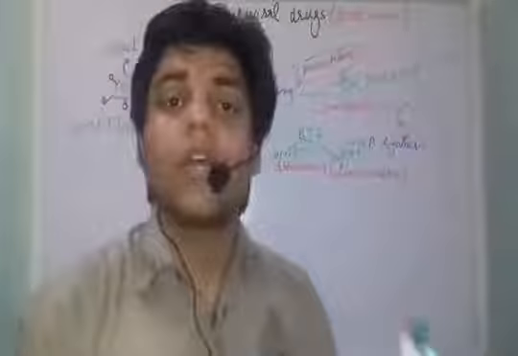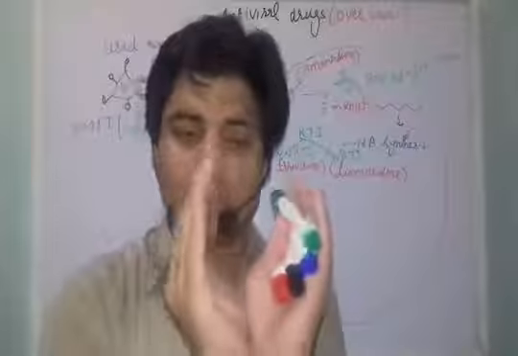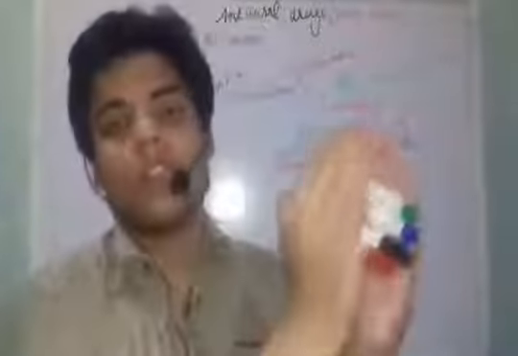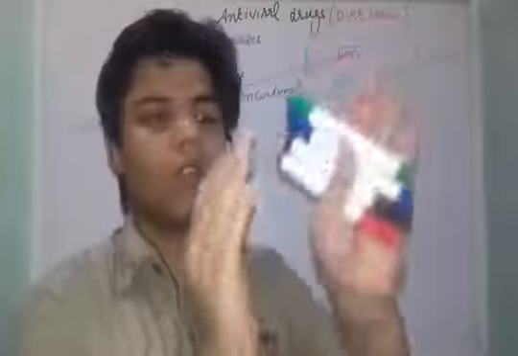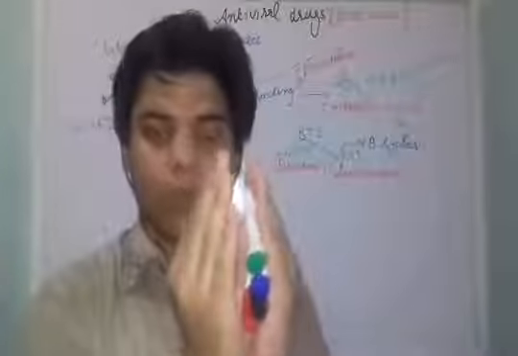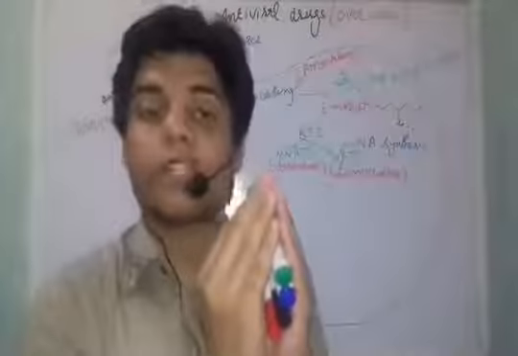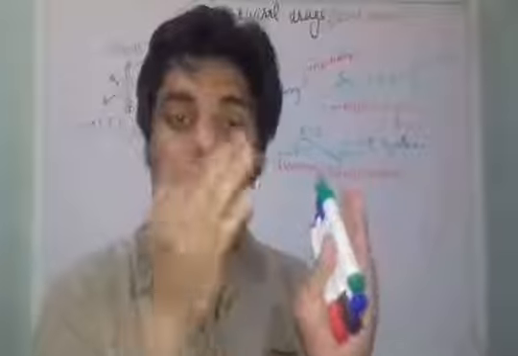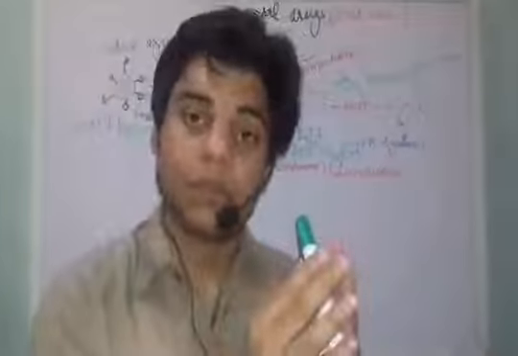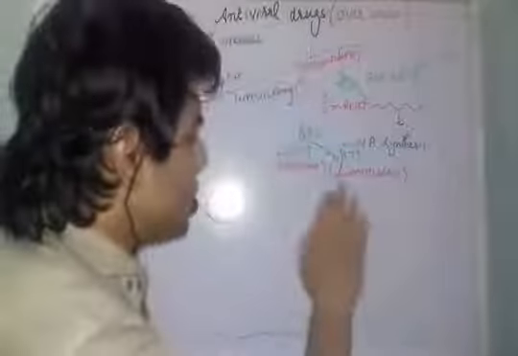We'll talk about it later. It has a specific structure just like that, and the drug will fit here and stop its activity. So let's suppose these are the drugs. The drugs are now present here, and they will stop the activity of this reverse transcriptase. Fine. So that's how.